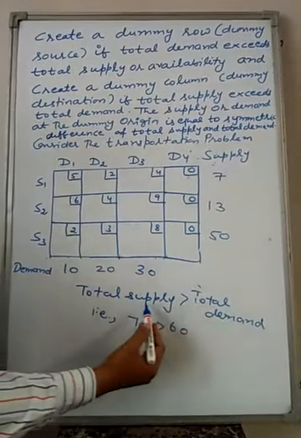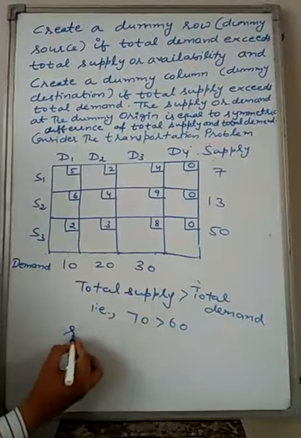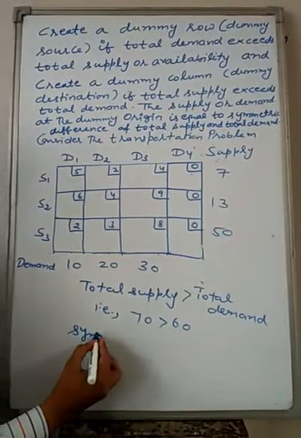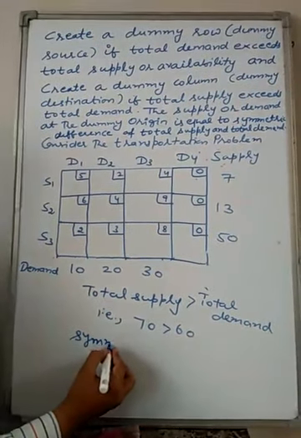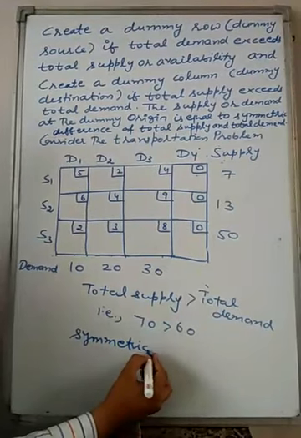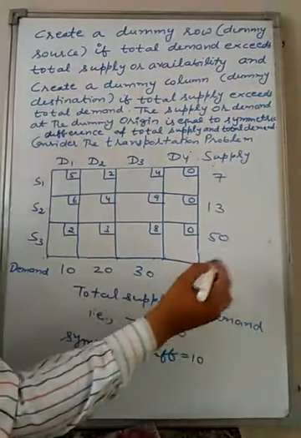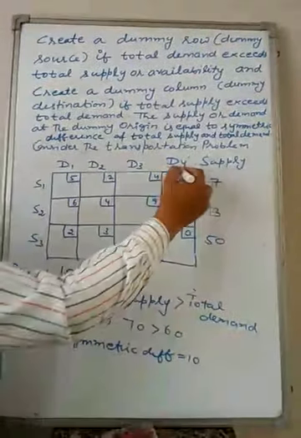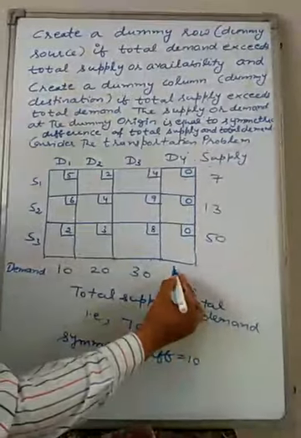As total supply is 70 and total demand is 60, the symmetric difference is 10. Therefore, we will take the demand of this dummy destination as 10.